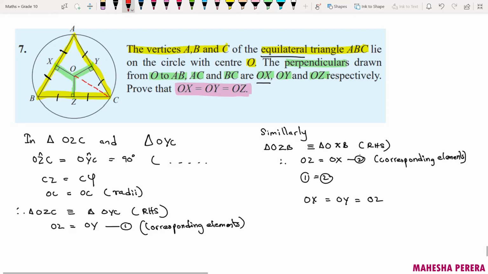Right, now you can see two triangles, right? There are two triangles. So if we try to prove the congruence of these two triangles, let's see. In triangle OZC, right? It is this one, this triangle.